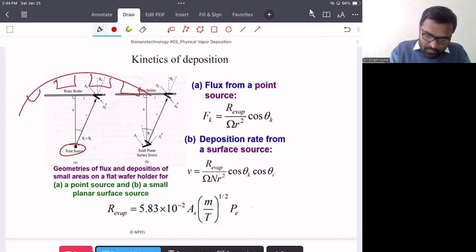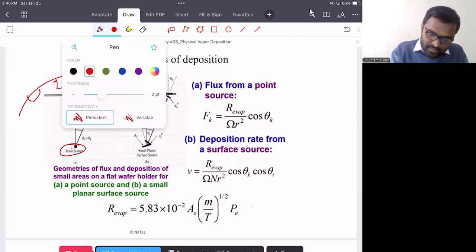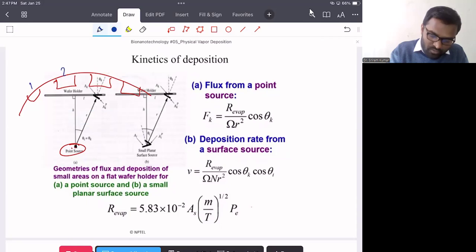From this point source, the vapor travels to different angles. So it will go to maybe 1, 2, 3, 4. It gets deposited on 2, maybe 3 and 4, at different angles based on the support.